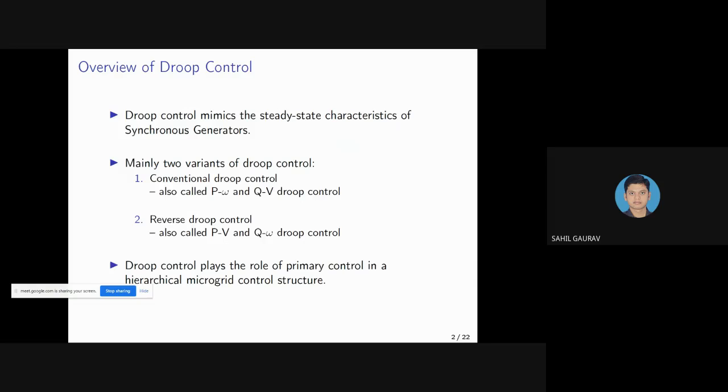That is, reverse droop is not compatible with HV systems, and also not compatible with rotating generators, and it is not able to do active power dispatch properly. The only advantage of reverse droop is that it has the capability of direct voltage control. So actually what we do is apply the P-omega and QV droop control in the LV network by adding virtual output impedance to make the total line impedance inductive.